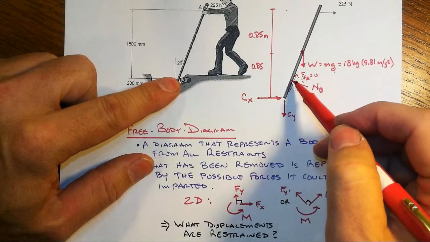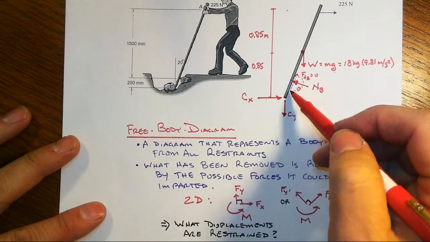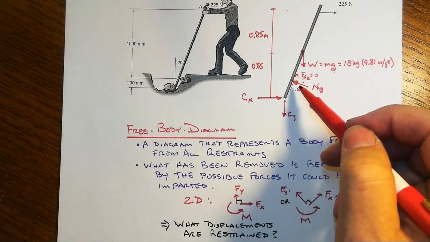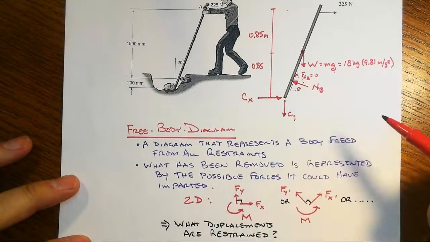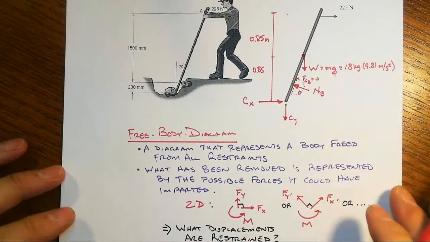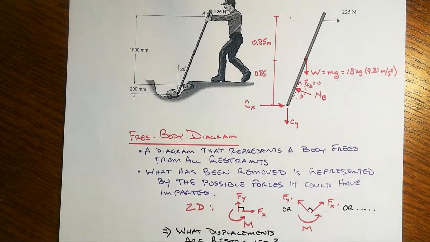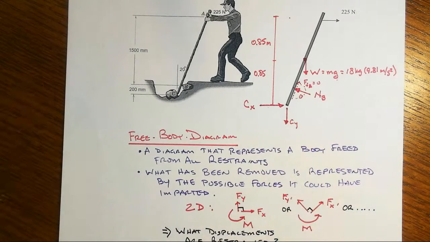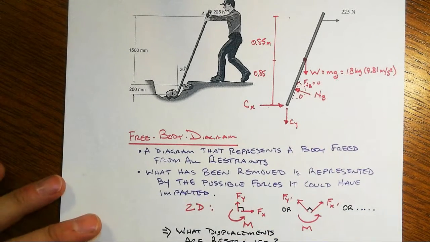At B, because we're neglecting friction, there's no restraint parallel to the surface, but there certainly is perpendicular. And then we have these 2 applied forces in the system. There you go. There is a complete free body diagram, and one that is statically determinate. We can determine the 3 unknowns using the 3 available equations of equilibrium.